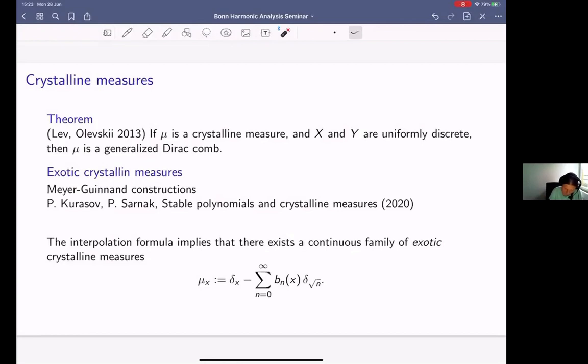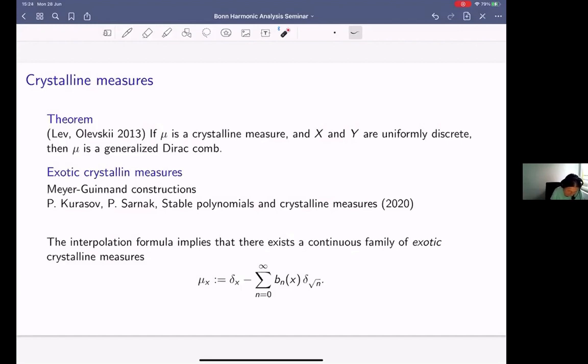So we know that if the supports of mu and its Fourier transform are uniformly discrete, then the only way to obtain this is as a finite combination of these Dirac combs, up to scaling, where the scalings have to be commensurable so that the uniform discreteness is still satisfied.